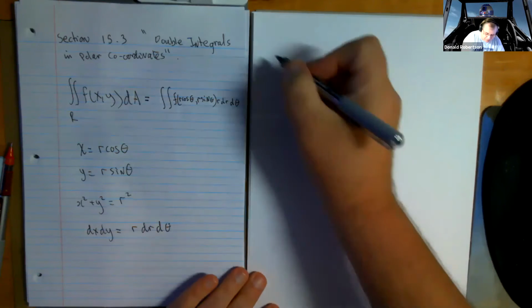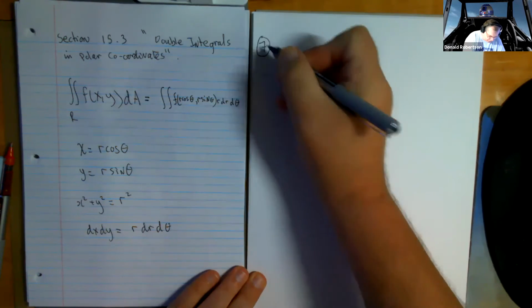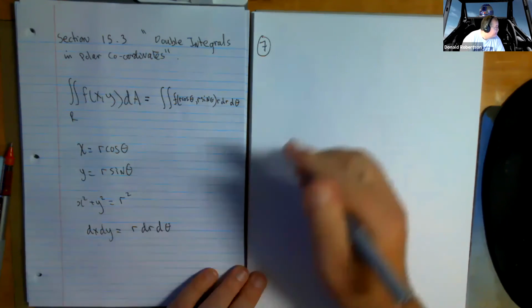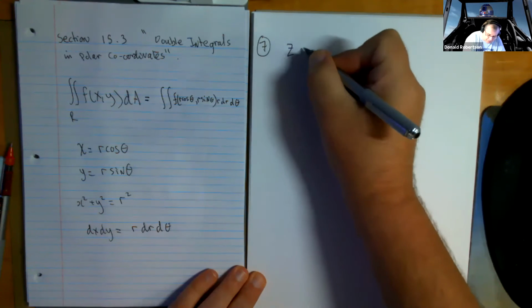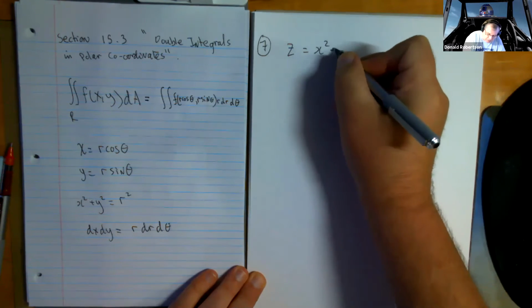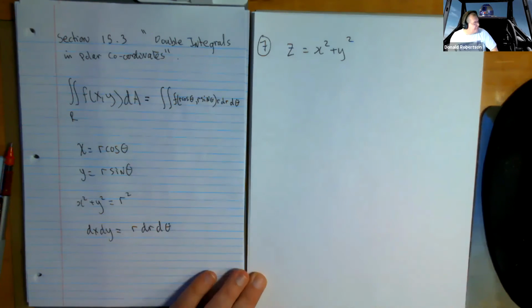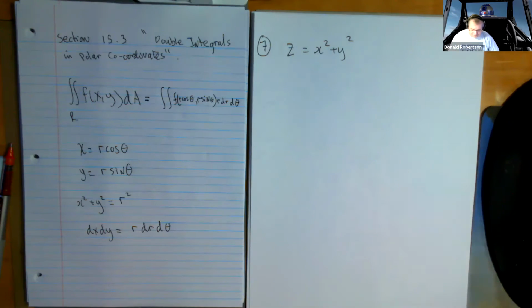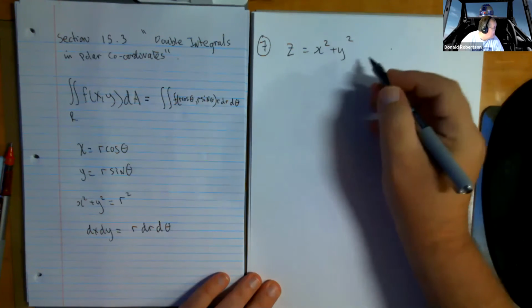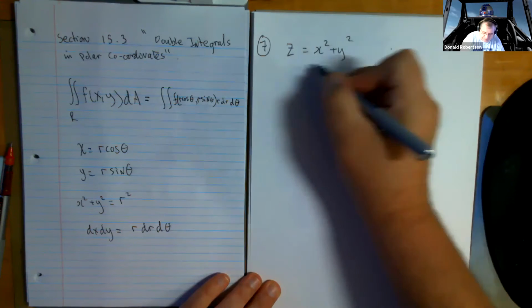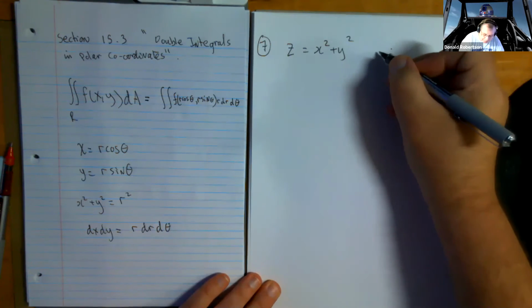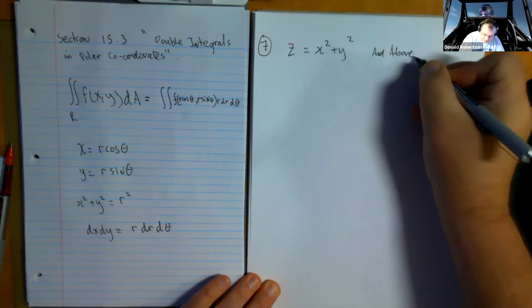Next one, question 7, or like it at least. This is the surface. They describe it as under this region and above this fella.